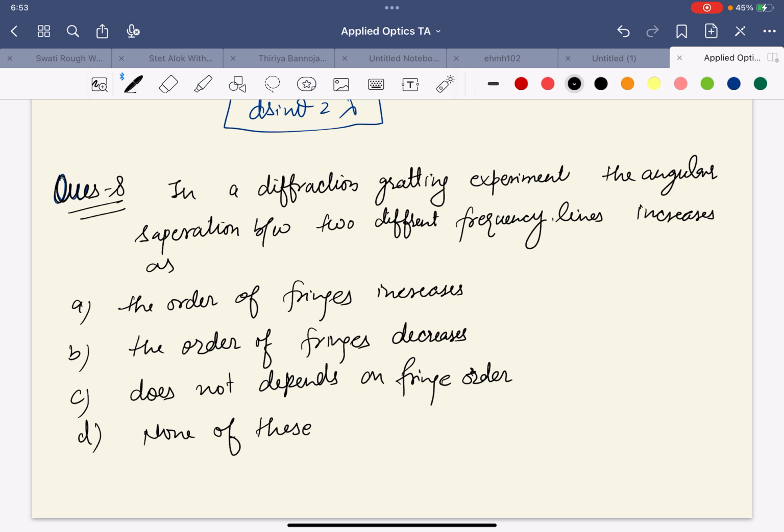So as we know, in a diffraction grating experiment, the angular separation between two different frequencies of light results from the diffraction and dispersion property of the grating. The angular position of diffracted light depends on its wavelength, and thus different wavelengths are separated at different angles.